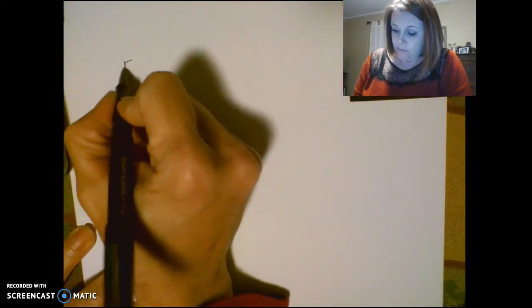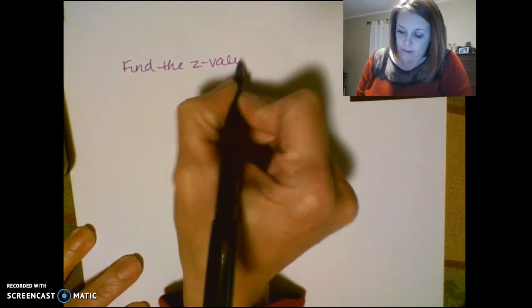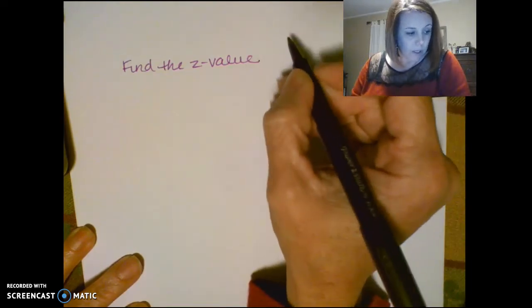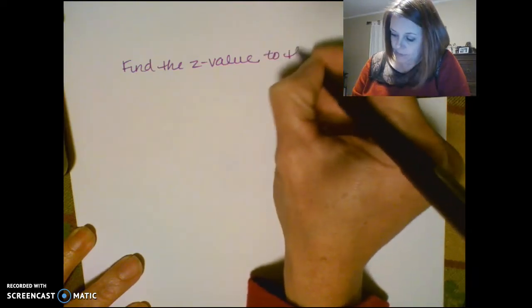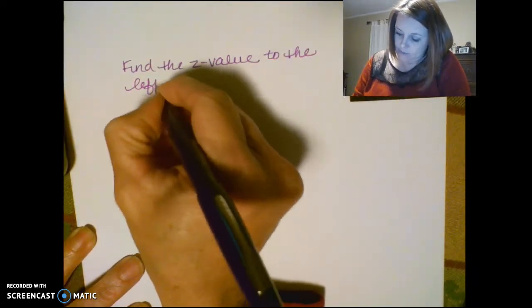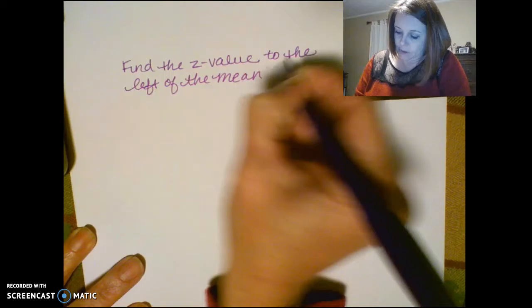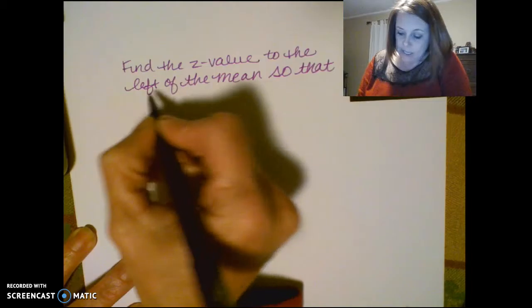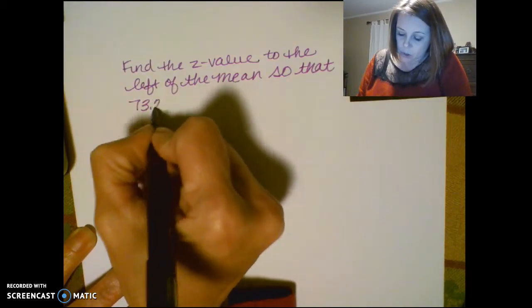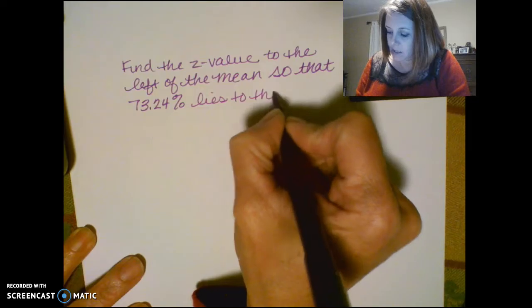Find the z-value to the left of the mean so that 73.24% lies to the right of it.